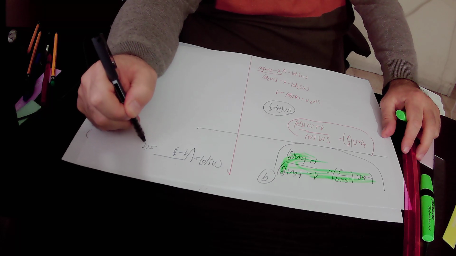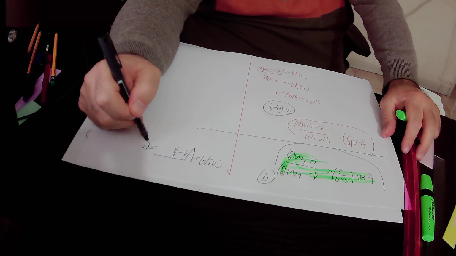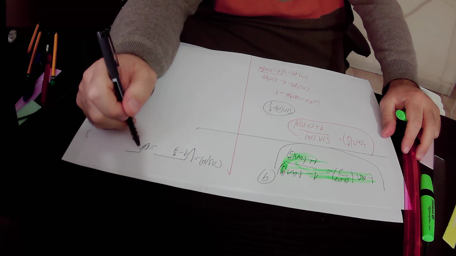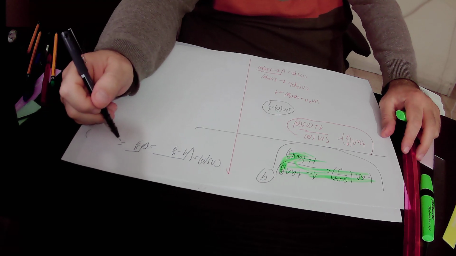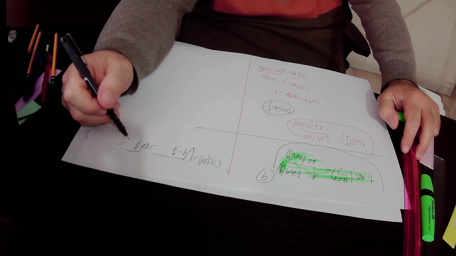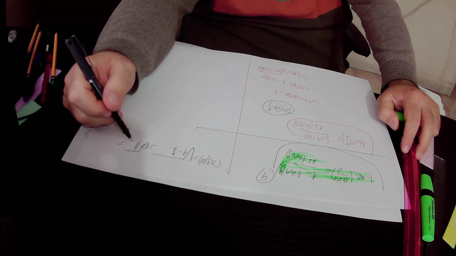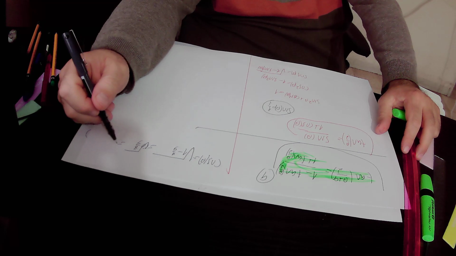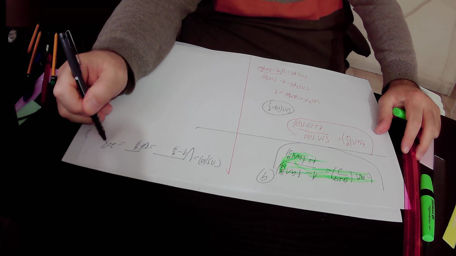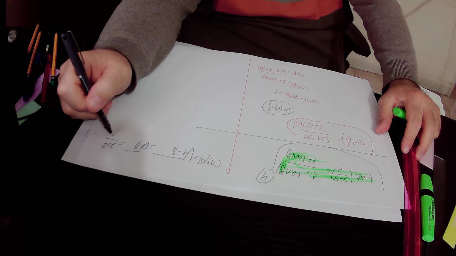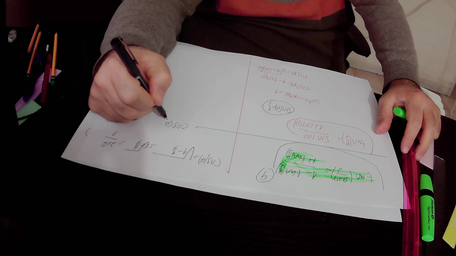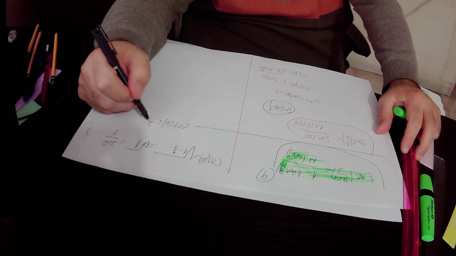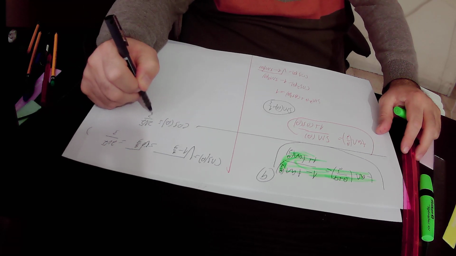So cosine theta equals the square root of 1 minus 1 over 9, which is 8 over 9. And 8 is 4 times 2, and the square root of 4 times 2 is 2 times square root of 2, over the square root of 9, which is 3. So in conclusion, cosine theta is equal to 2 times square root of 2 over 3.